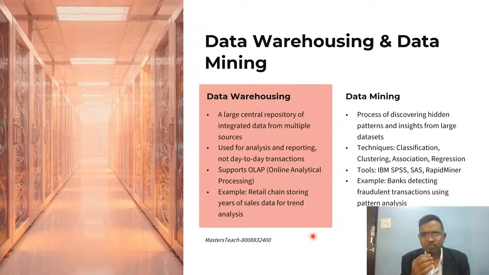Then data mining is the process of discovering hidden patterns and insights from a large database, with techniques like classification, clustering, and association, and tools like IBM SPSS and SAP. For example, a bank detects fraudulent transactions using pattern analysis. Warehousing is like a storehouse, whereas data mining is extracting whenever you want. This is the basic thing.